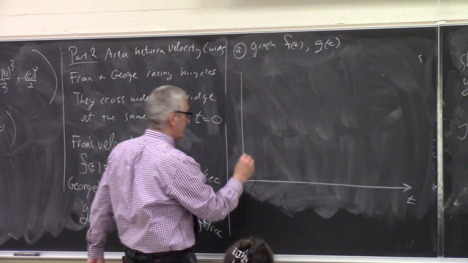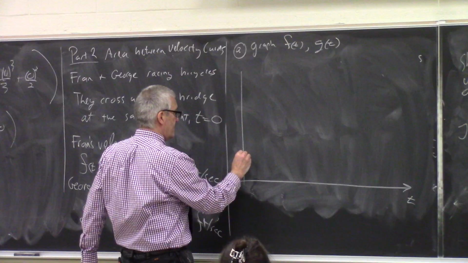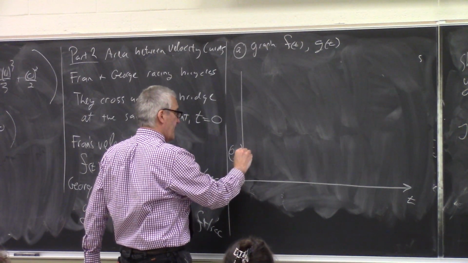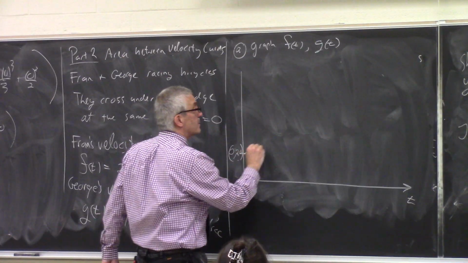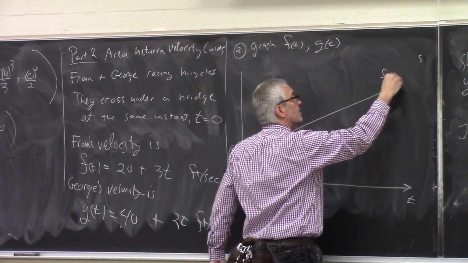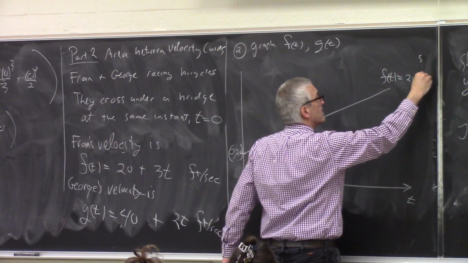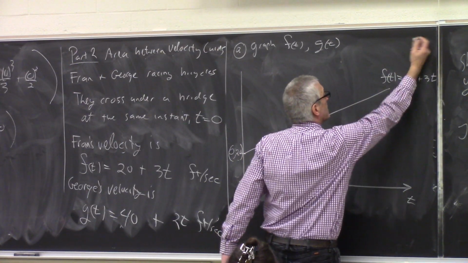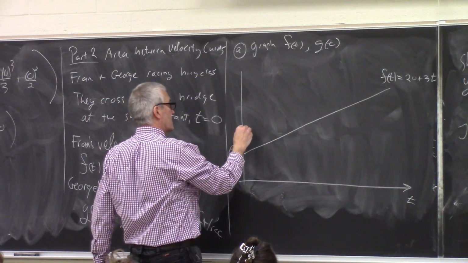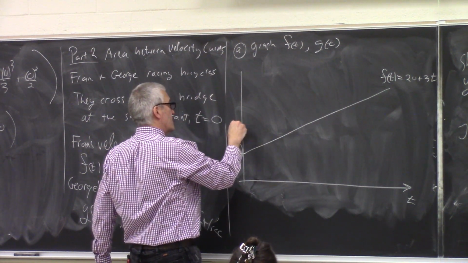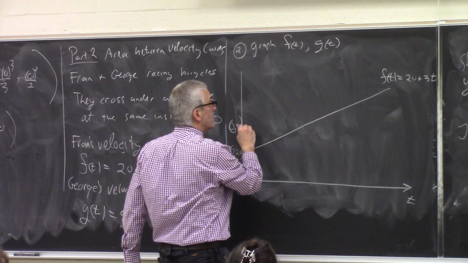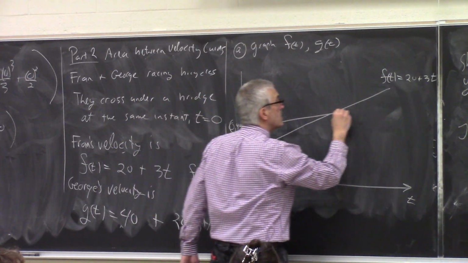Well, f of t is 20 plus 3t. So it goes through 0, 20, and it has a slope of 3. g of t starts at 40, so 0, 40, but it has a slope of 2.